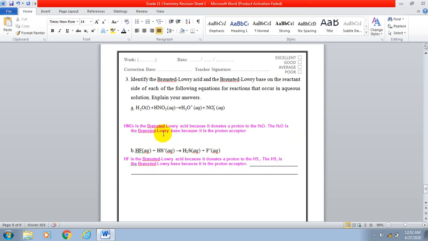B option: HF plus HS minus yields H2S, hydrogen sulfide gas, plus F minus. HF is the Bronsted-Lowry acid because it donates a proton to the HS minus. The HS minus is the Bronsted-Lowry base because it is a proton acceptor.